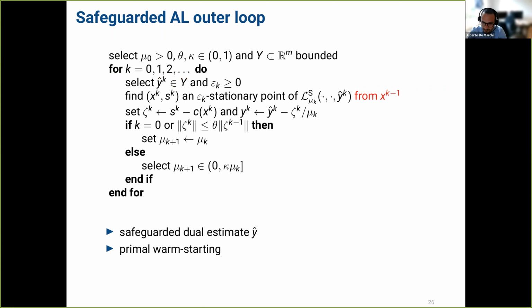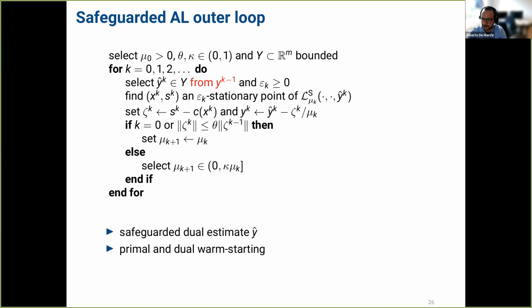And usually we should do this starting from the previous estimate, because it's usually easier for the solver to find a new one. And also this should be done for the dual variable. So y hat is usually the projection of y k minus 1 into this bounded set Y.